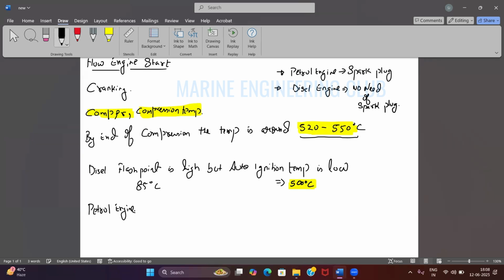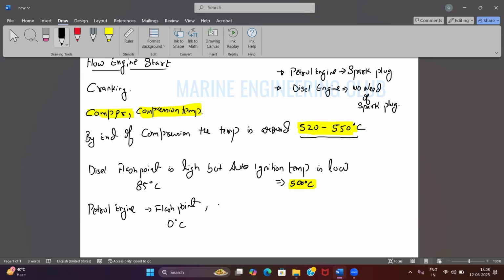For petrol, the flash point is as low as 0 degrees Celsius. You can take different types of diesel, MGO, MDO, so you have different fuels. I've taken one specific one and given you around 0 degrees Celsius.